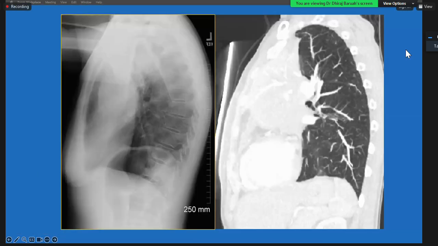So here, the way you understand this is the fissure, and in the CT sagittal reconstruction, you see that the left upper lobe is totally collapsed, and this is the line of the fissure. If you do that from the beginning, when you try to learn chest X-ray, you learn it with CT, it becomes very easy, and then you understand why you see those abnormalities.